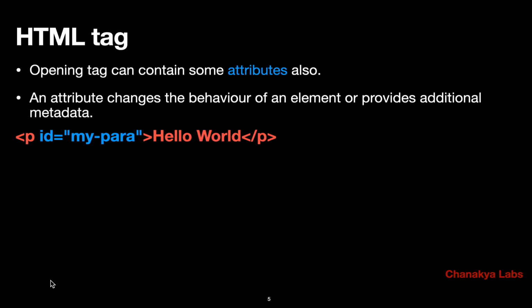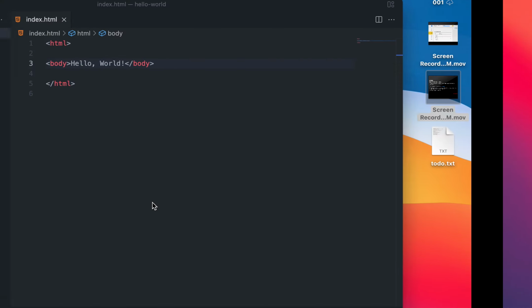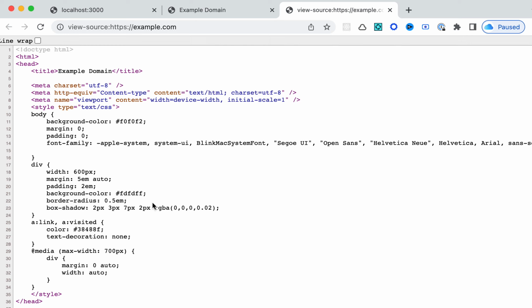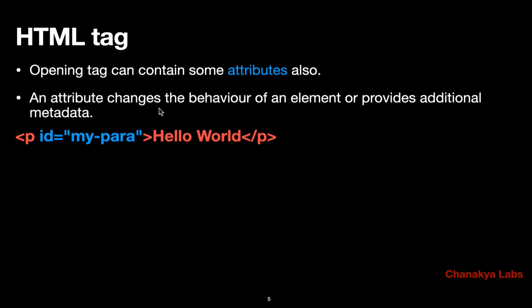Sometimes the behavior is not changed, but we simply provide some additional data. For example, in one of the places we saw name is equal to. This is just saying that there can be multiple meta tags with various names. So the name is metadata. Coincidentally the name of the tag is also meta, but that is not the point. The point is that any attribute can provide some metadata.